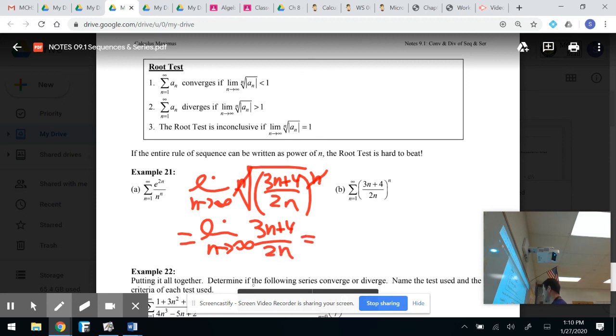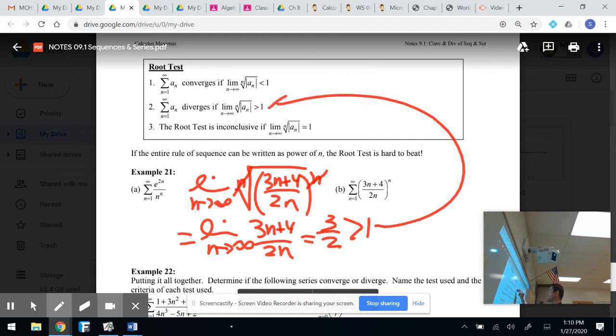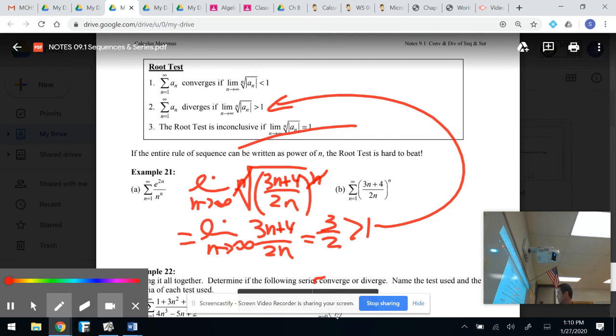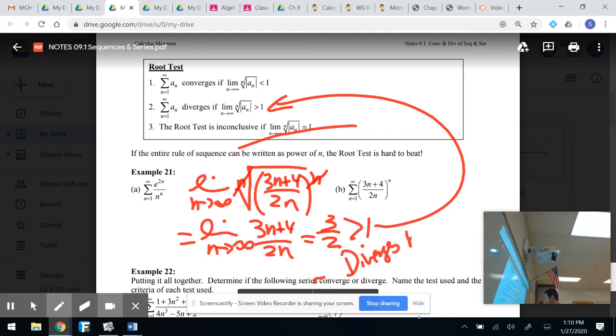That's n behavior model, which is 3 over 2. 3 over 2 is bigger than 1. It diverges. How do we know it diverges? We say it diverges by the root test. How about that? It came back to life.